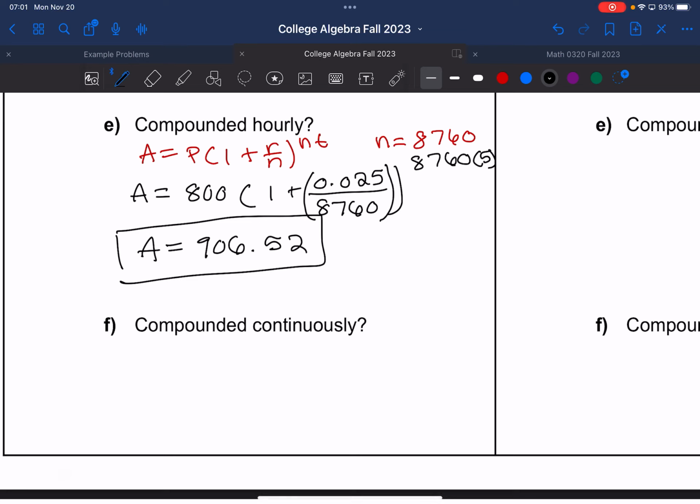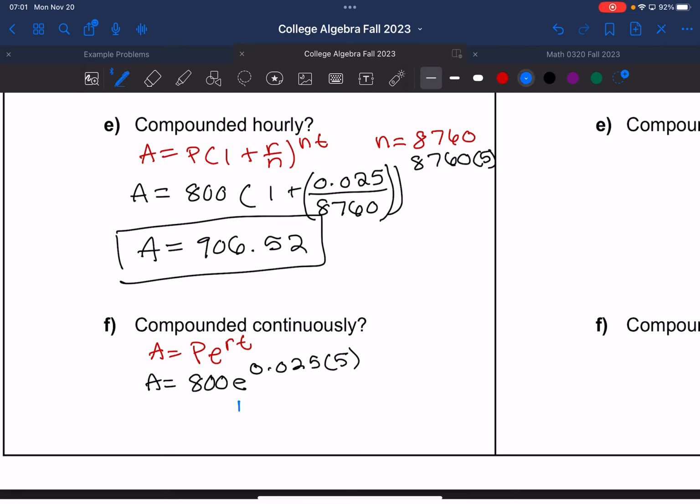And then lastly, this is asking us to compound continuously. So that formula was A is equal to P times E to the power of RT. Remember, E is a number, so you should see that on your calculator somewhere. So we have A is equal to 800 E to the power of our rate, which was 0.025, times time, which is 5.